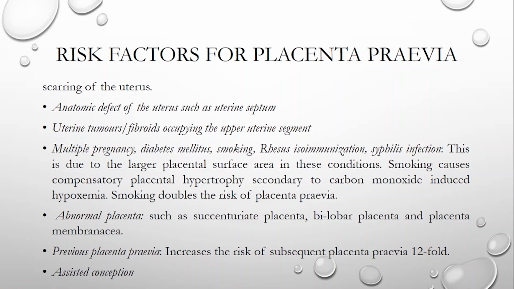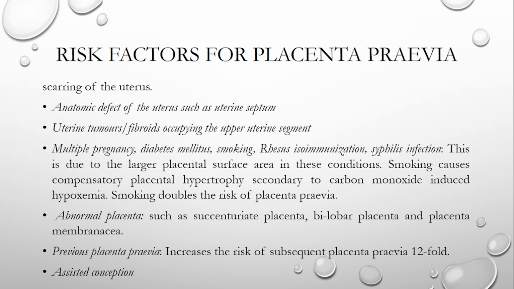Whereas in multiple pregnancy and diabetes mellitus, because of the big babies, the placentas are always large and can easily encroach on the lower uterine segment. Then abnormal placentae, such as succenturiate placenta, bilobed placenta, and placenta membranacea may also give rise to placenta previa.